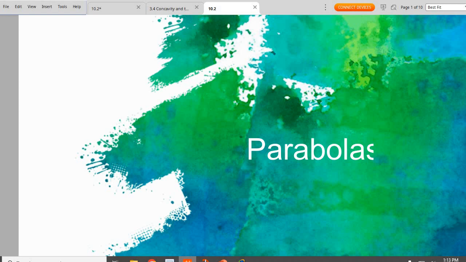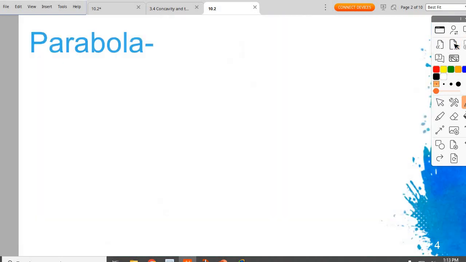So, with our parabolas, we have looked at parabolas before when we talked about graphing our quadratics. However, we are going to look at them more in terms of a geometry, shape, distance type view now instead.